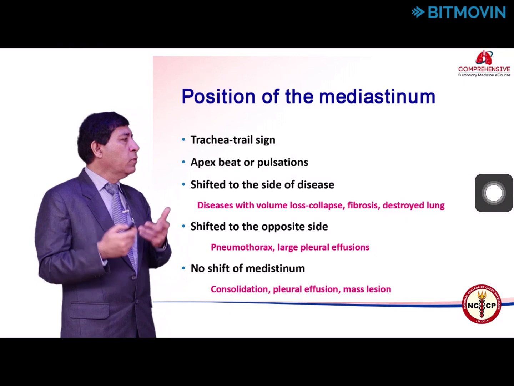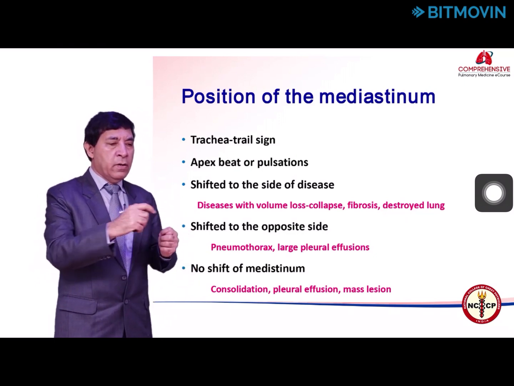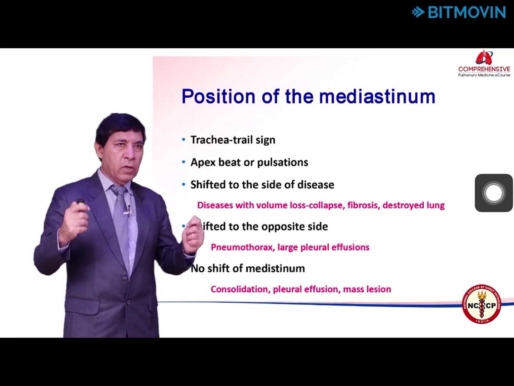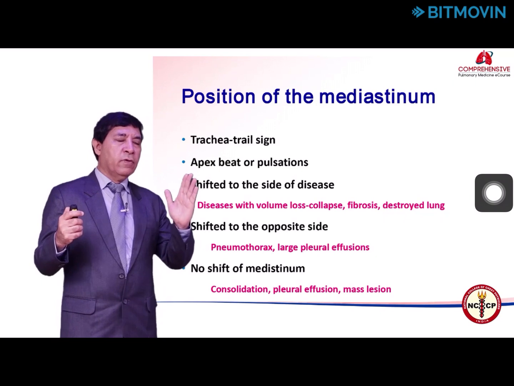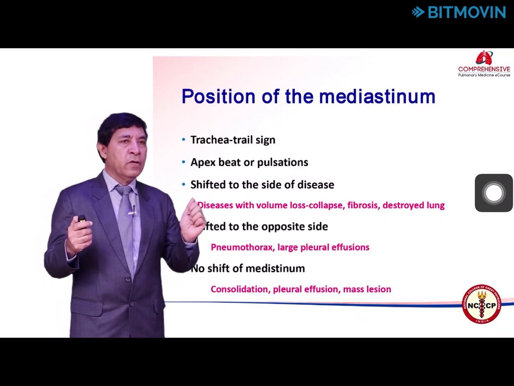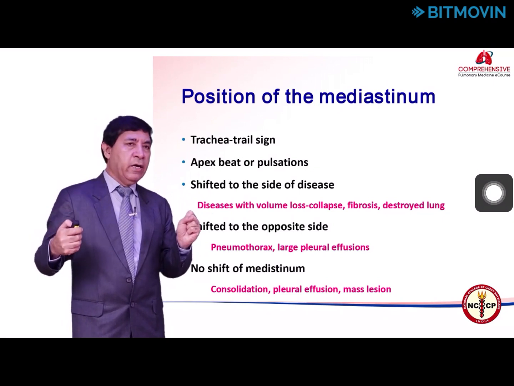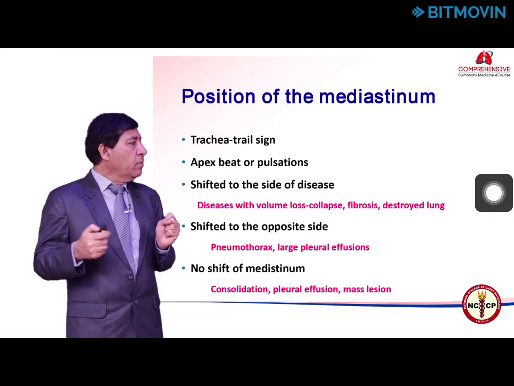or it can be shifted to the other side, as happens in pneumothorax. Now in pneumothorax, normally both pleural pressures are negative, and on the side of the pneumothorax, the pleural pressure is either 0 or it is positive. So it is actually the negative force of the other side which pulls the mediastinum to that side.